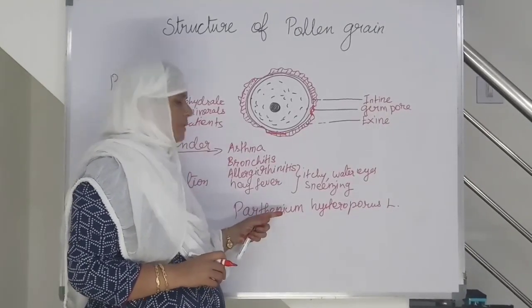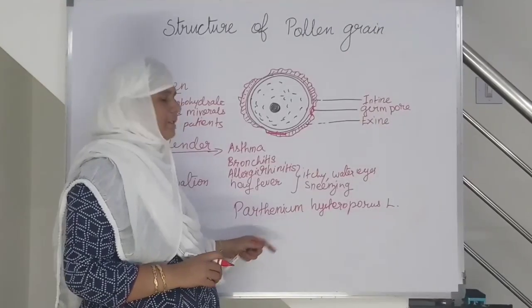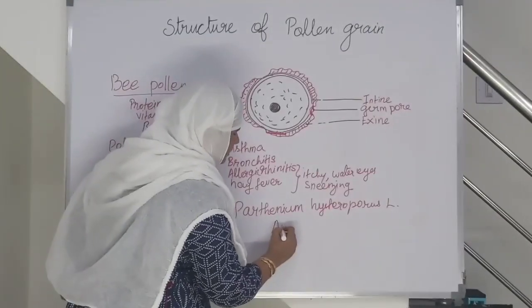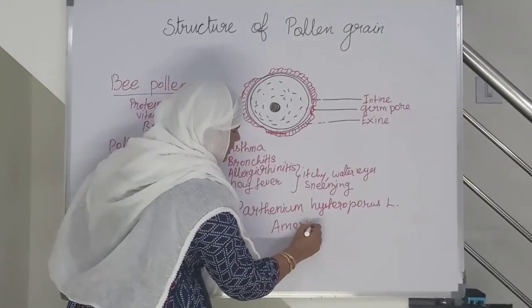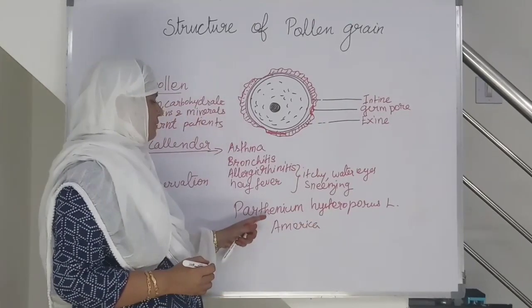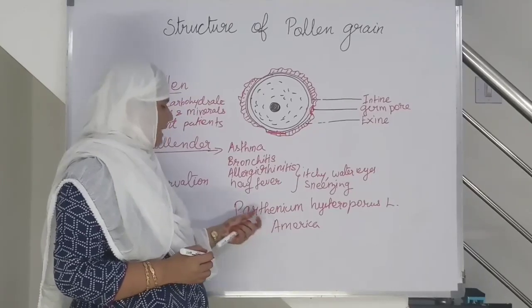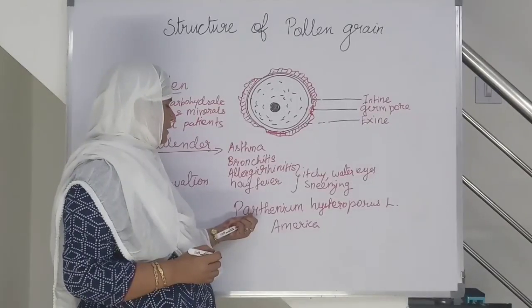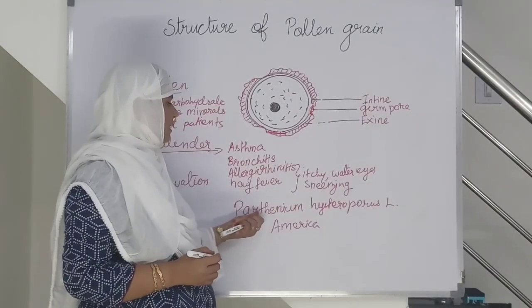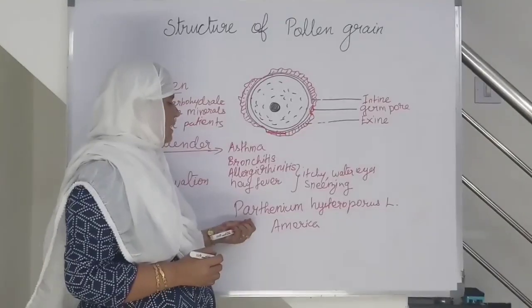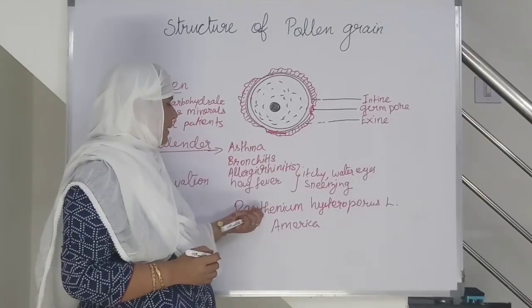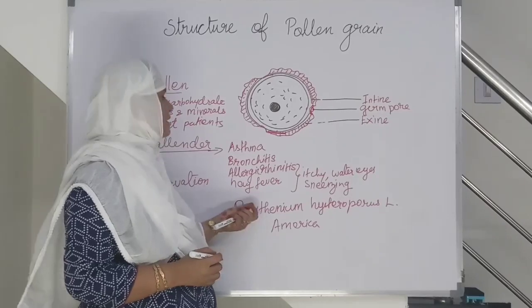It originated from tropical America. When wheat was imported to India, this Parthenium plant came as a contaminant, and it causes allergy. The Parthenium plant's pollen grain causes allergy in some persons.